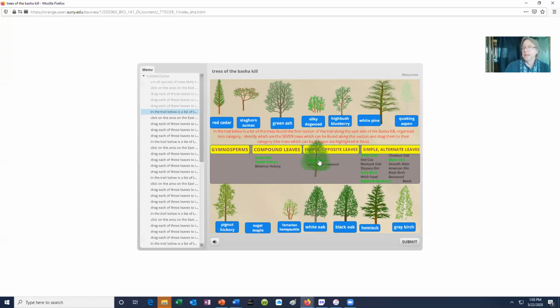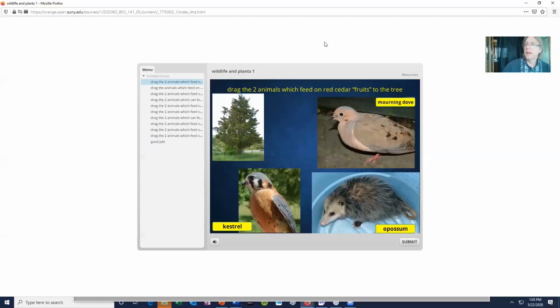Here I have it in green. So that would go to the simple opposite leaves, while the white oak was the simple alternate. And so each section of the trail could have different trees which one tends to find.